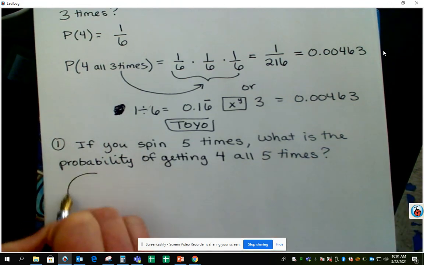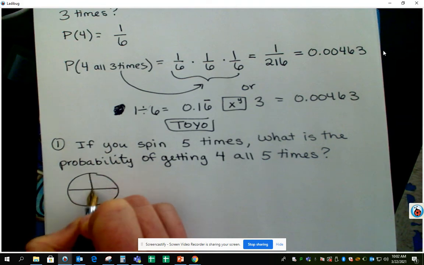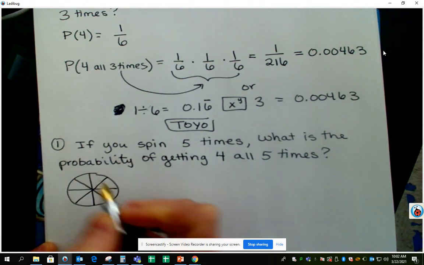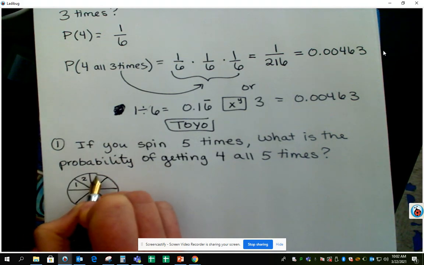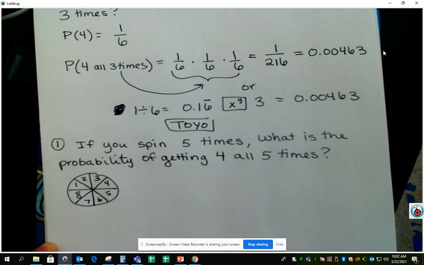And here's your spinner. We're going to do it in half this way, and half this way, and then half these again. So you're going to have 1, 2, 3, 4, 5, 6, 7, 8 on your spinner.